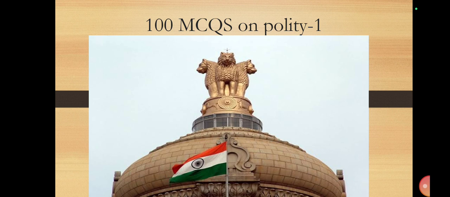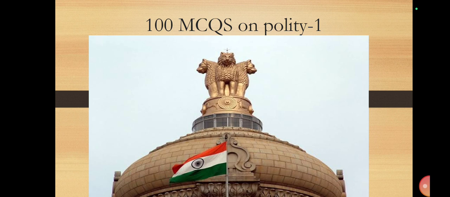A bill pending in the legislative council of the state which has not been passed by the legislative assembly shall not lapse on the dissolution of the assembly. A bill which is pending in the legislative assembly of the state or which has been passed by the legislative assembly and is pending in the legislative council shall lapse on the dissolution of the assembly.